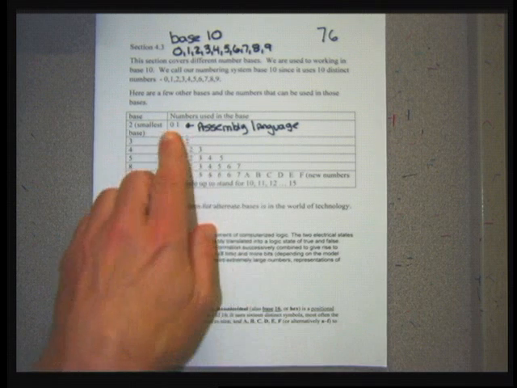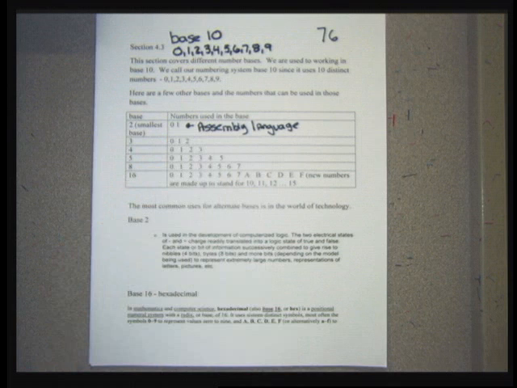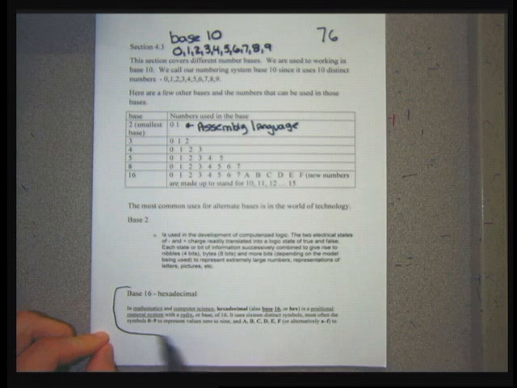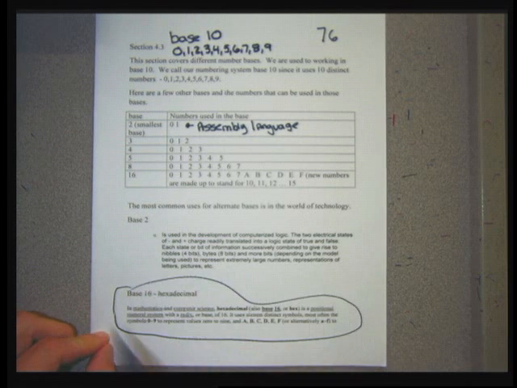And using just the numbers 0 and 1, programmers programmed computers to do everything they could do back 30 years ago, which is fairly amazing.